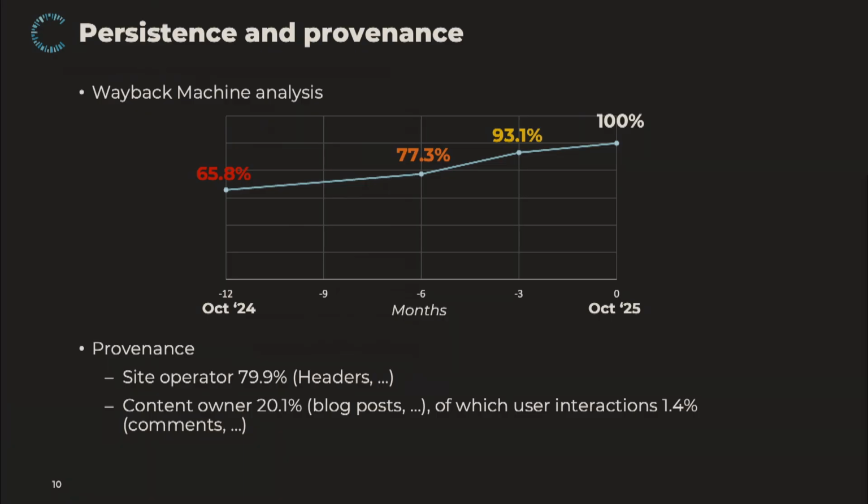Another analysis we did is based on the position of the prompt and the content of the page, and what objective the website owner or the content owner has in mind when putting a web page online. We tried to understand who may have put that prompt inside the page. We made a very rough distinction between the site operator, who is not necessarily responsible for the content of the page but is more at the infrastructure level. Here I would say we speculate, because it's hard to prove that the site operator could do that.